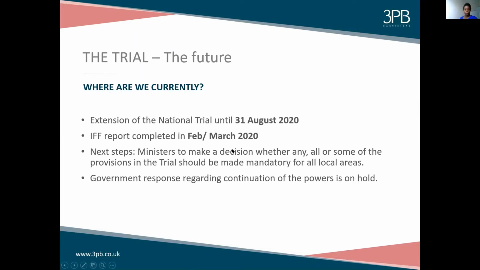So where are we now? As I said earlier, the national trial has been extended until the 31st of August of this year. Research was being conducted, and I think it was potentially completed before we had the outbreak.